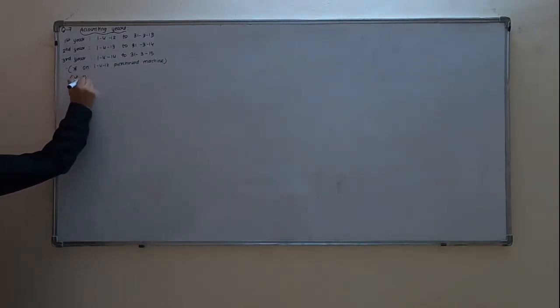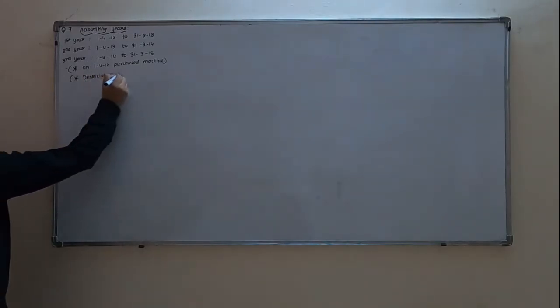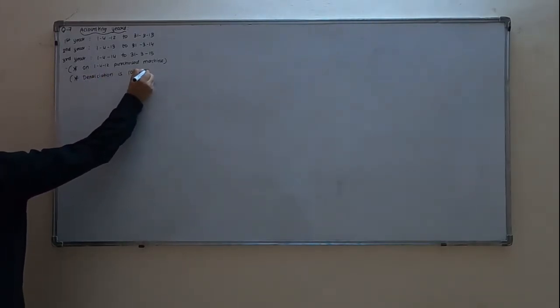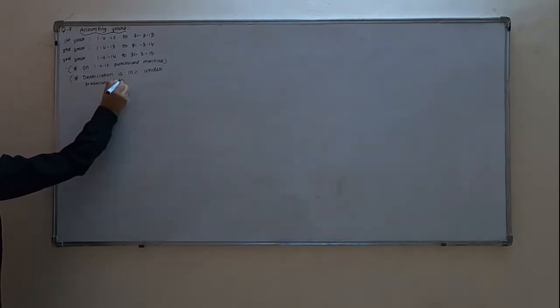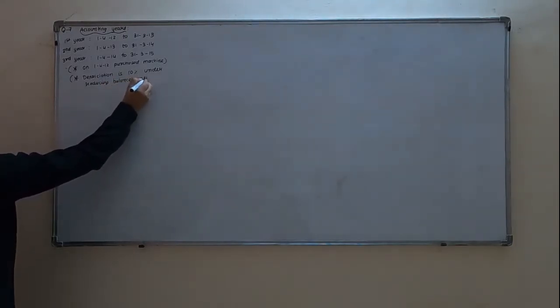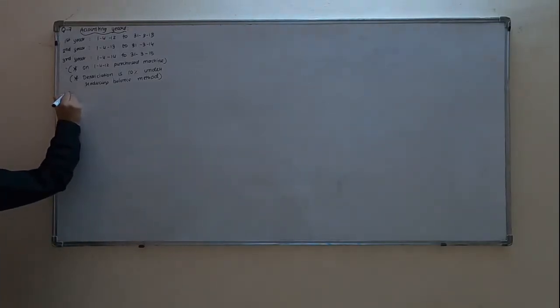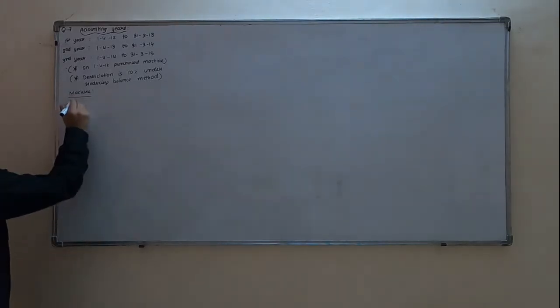Depreciation is 10% under the reducing balance method. So now friends, you will see how we will calculate the depreciation. Okay, simply we will give the heading machine, not first machine or second machine.